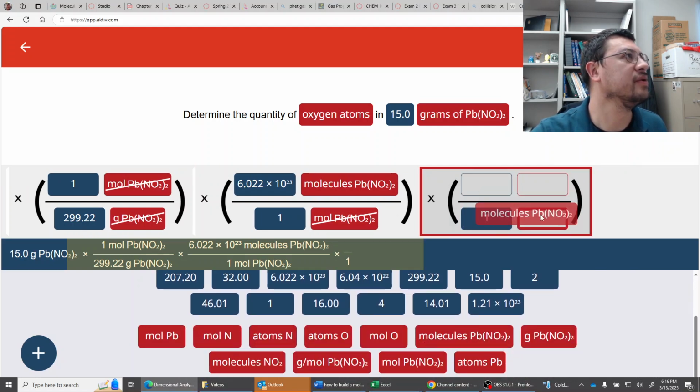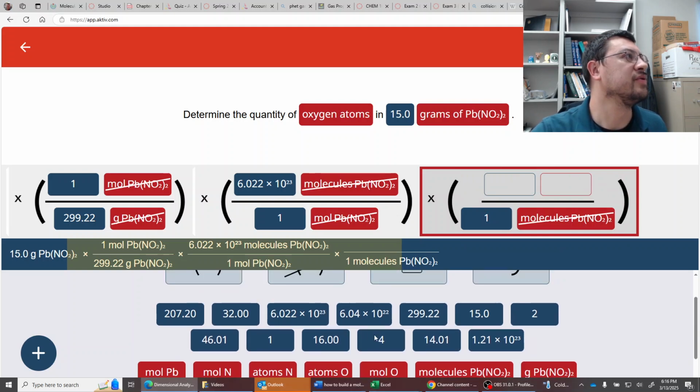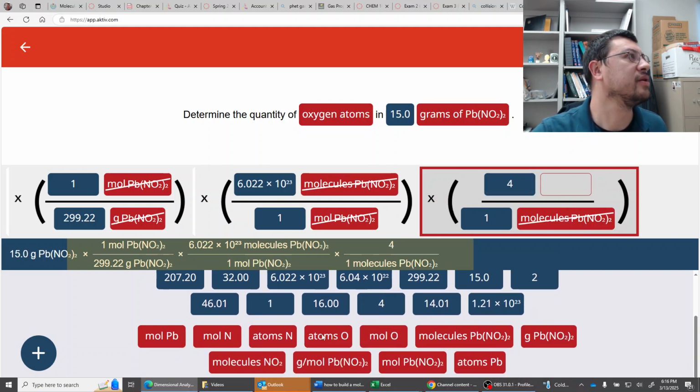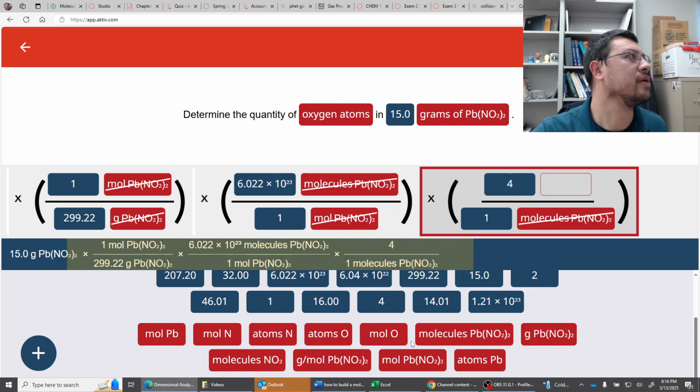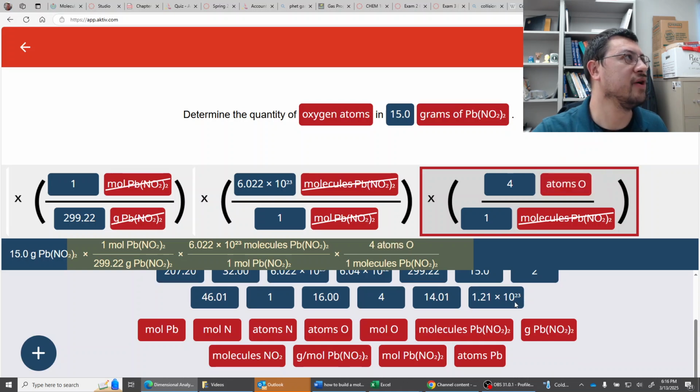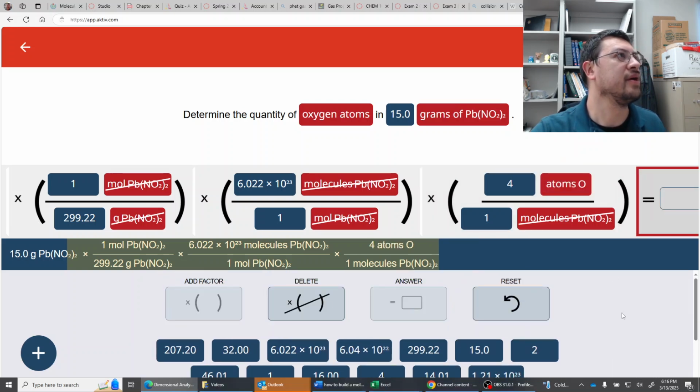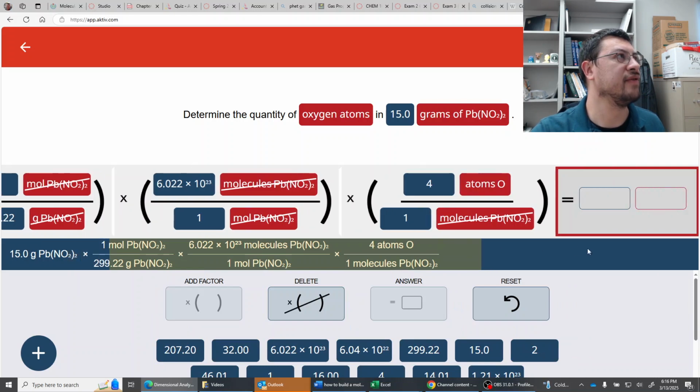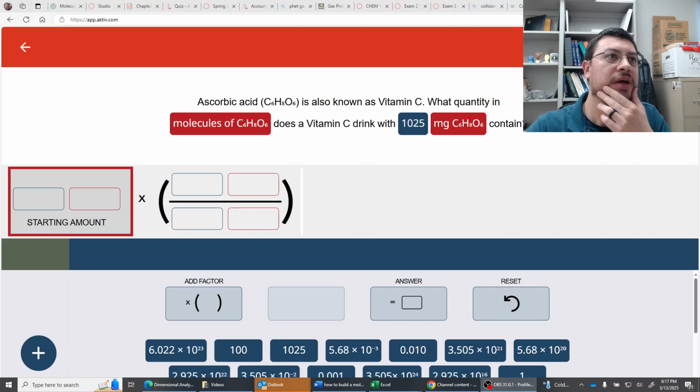One molecule gives us 4 atoms of O. Okay, and then your answer will have whatever it is, and the units would be atoms of O. Okay, next problem.